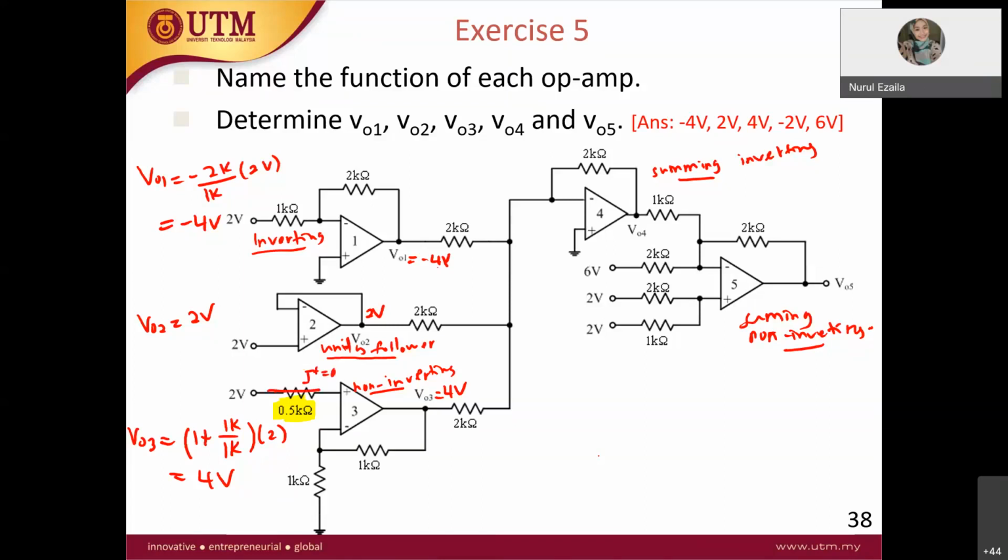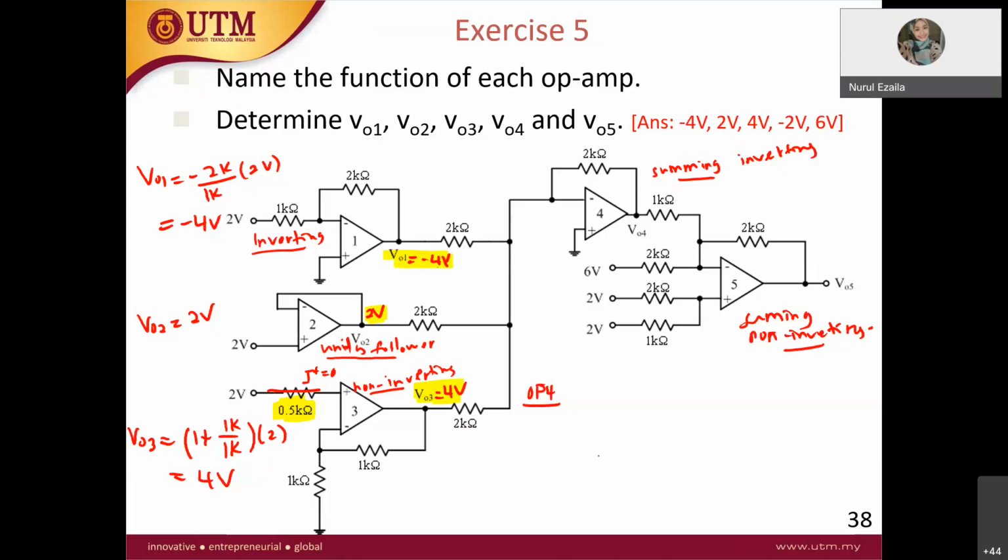So next up, op-amp 4. Op-amp 4 is a summing amplifier. You have 3 inputs over there.